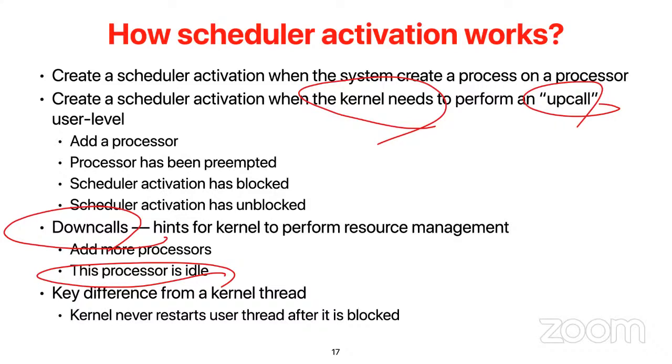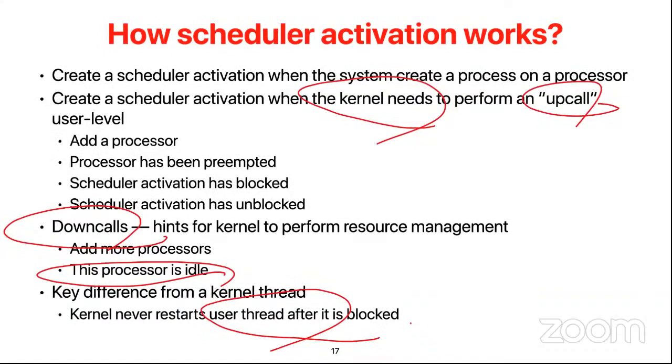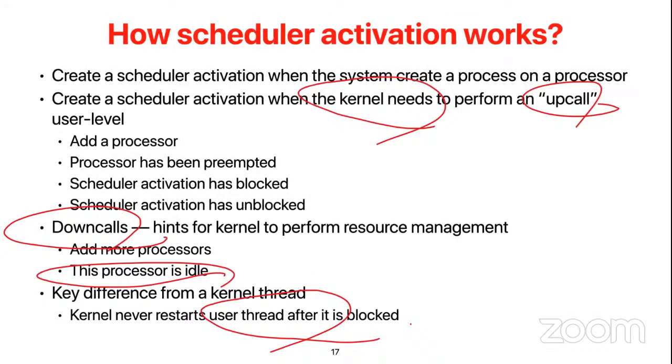The key difference from a kernel thread is that even though your user thread is blocked, the kernel still doesn't know that. So the kernel doesn't get involved in the user thread scheduling. However, for the kernel thread, the kernel actually directly controls that. But that's not the case for scheduler activation.